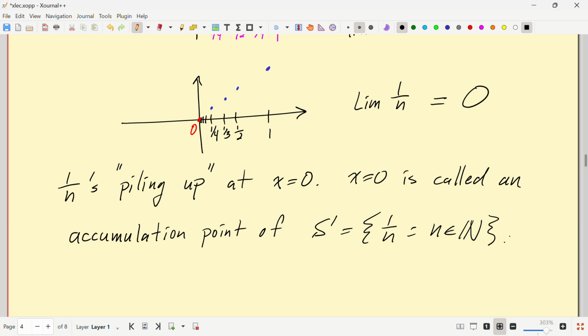Notice that it's not in the set. Things can pile up there without being, and that point doesn't have to be in the set.